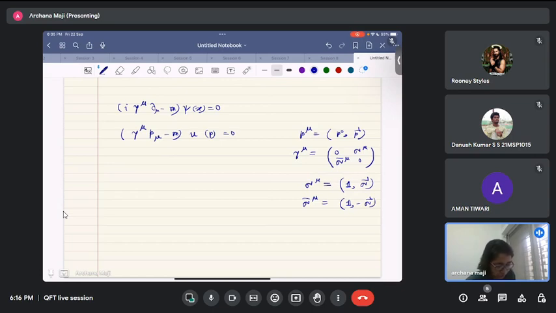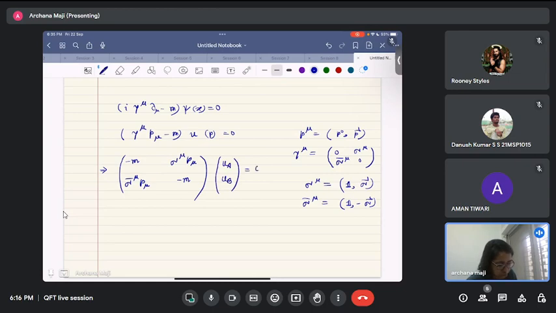So what happens to this quantity here? In matrix notation it becomes minus m multiplied by a 2 by 2 identity, sigma^mu p_mu, then sigma bar^mu p_mu, minus m, times u(p), which we write as (ua, ub).